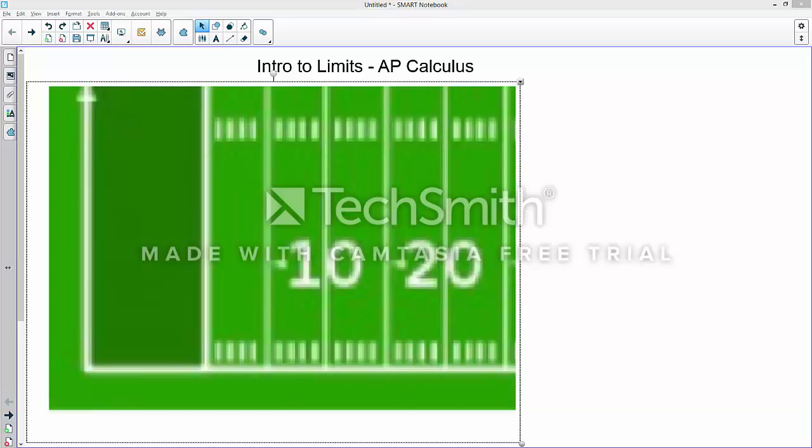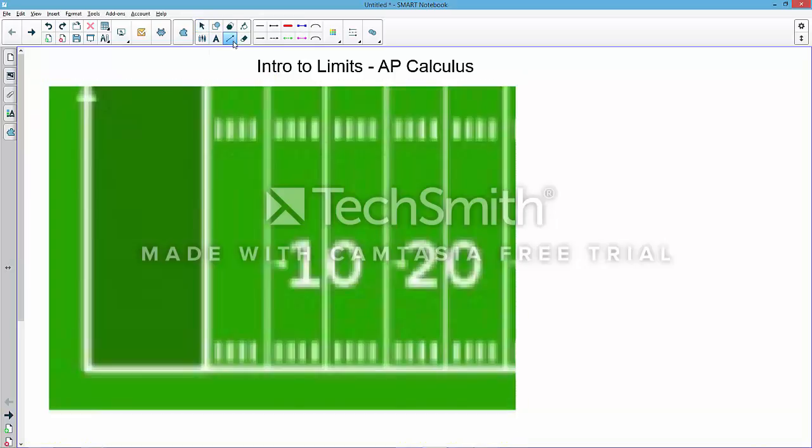Okay, we're going to start with limits, and I always like to intro limits with a little football. So what we're going to do is pretend that the defense is backed up to the 10-yard line, and they're going to keep getting offside penalties.